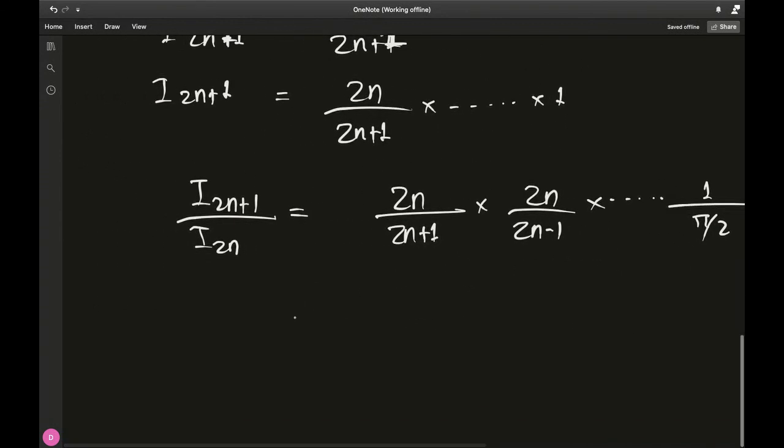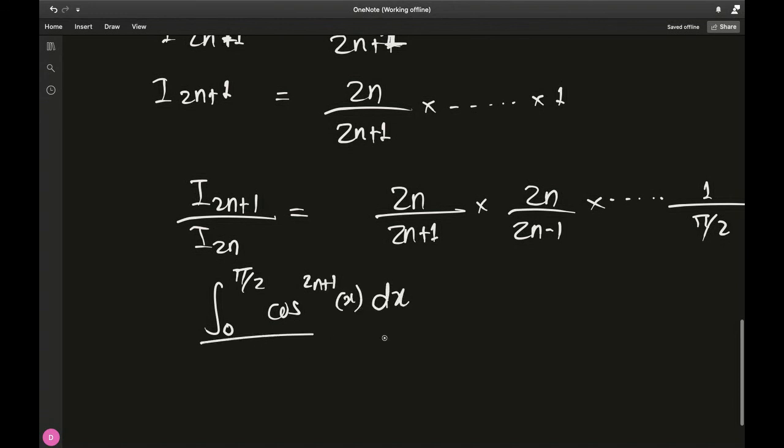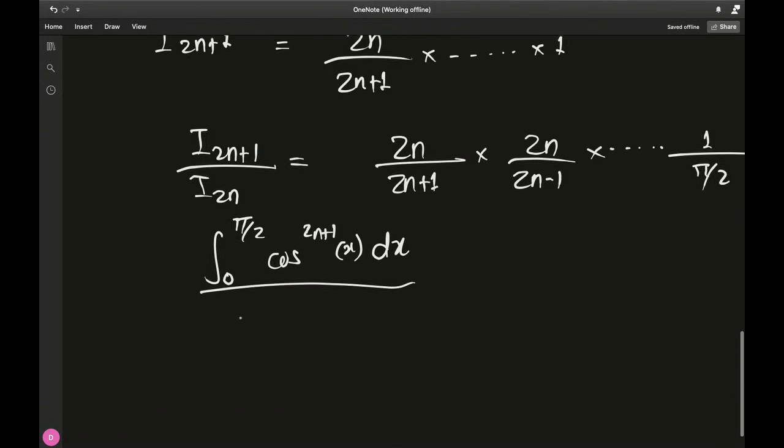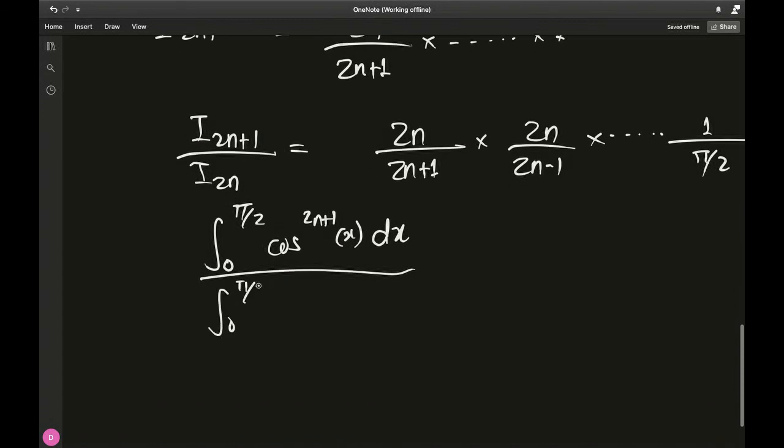And now what is I sub 2n plus 1 over I sub 2n? That's integral from 0 to pi over 2 of cosine to the 2n plus 1 of x dx divided by integral from 0 to pi over 2 of cosine of 2n of x dx.